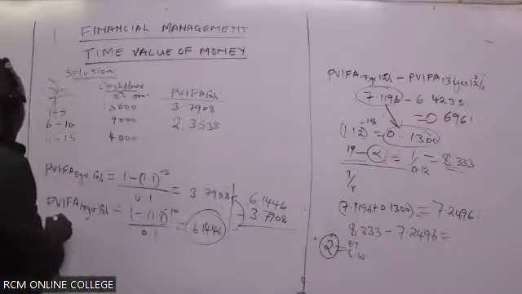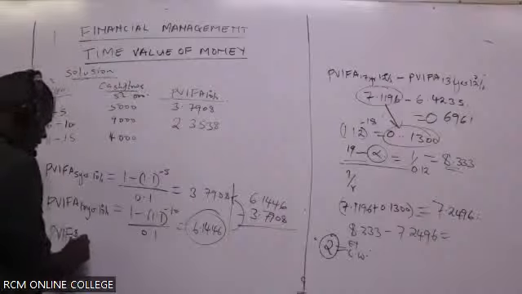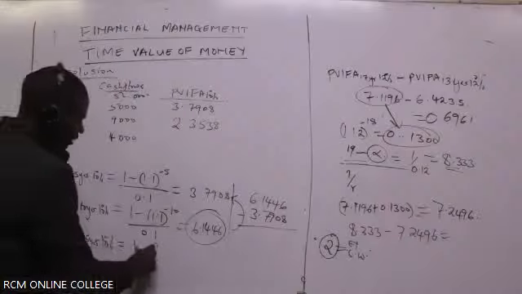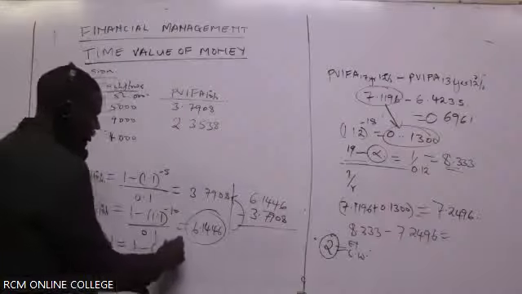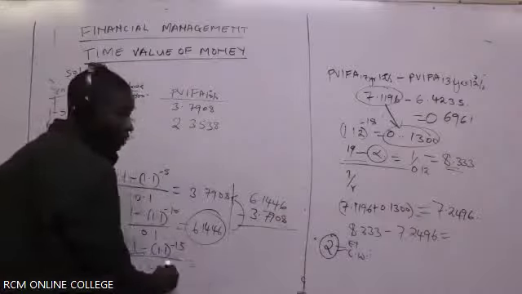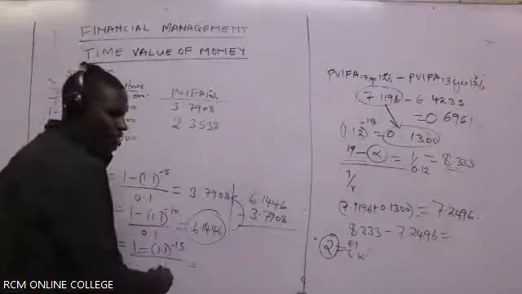And then the last one is for 15 years. PVFA 15 years, 10%. That will be equal to 1 minus 1.1 raised to the power negative 15, divided by 0.1. What do you get for 15 years? 7.6061.